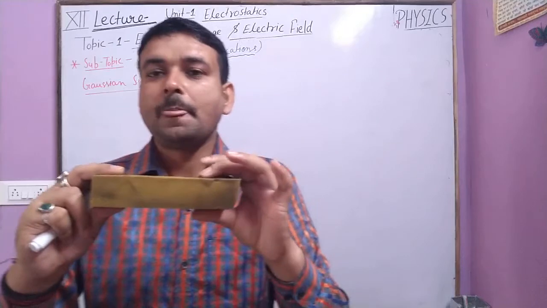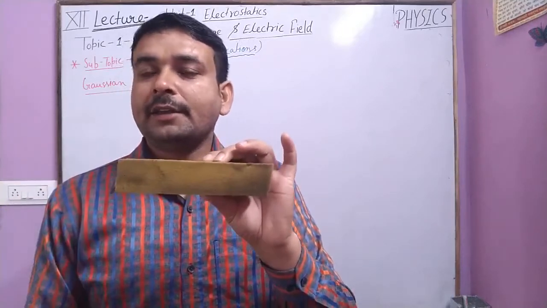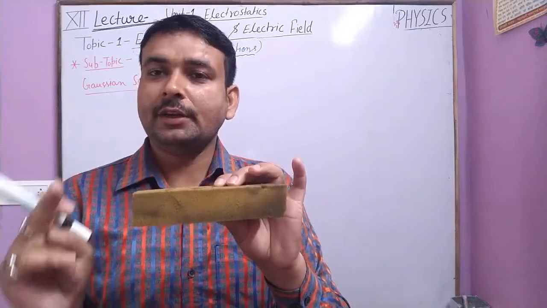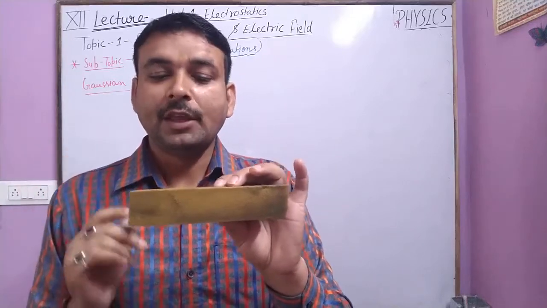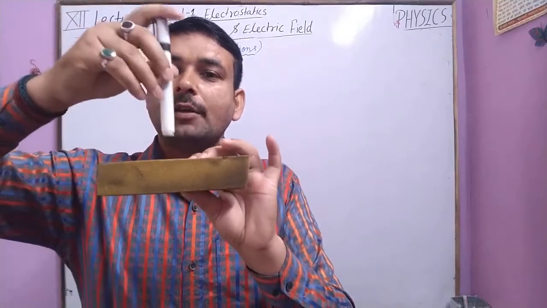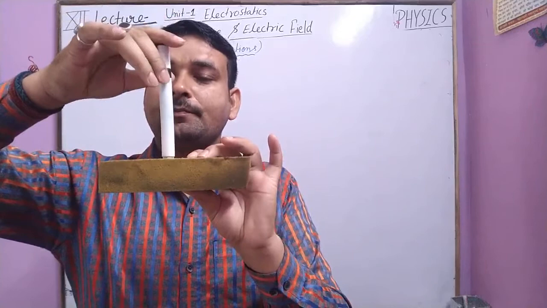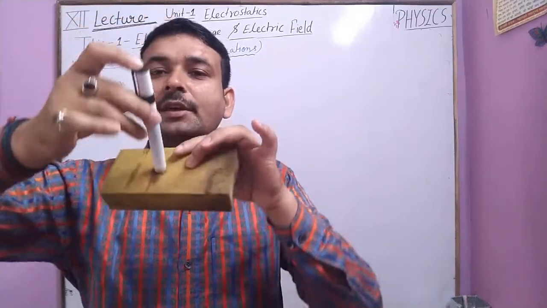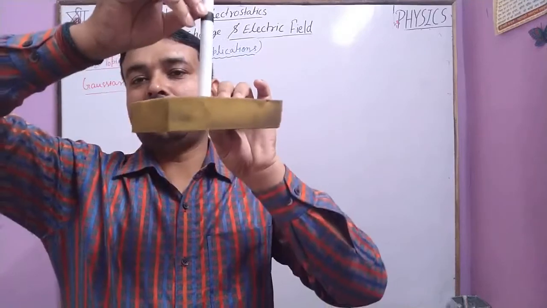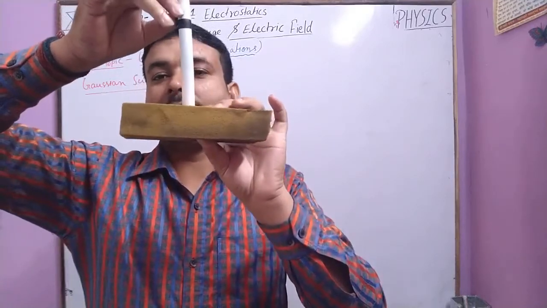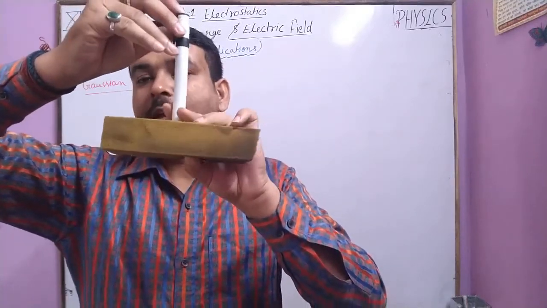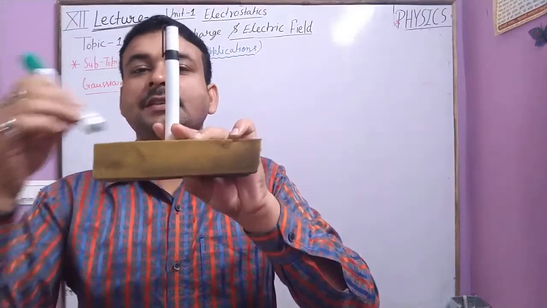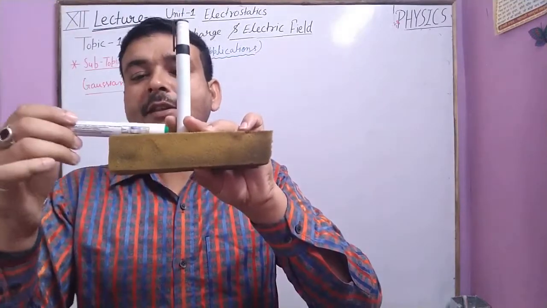Okay, so the area vector, as you learn in the area vector concept, is always perpendicular to the surface, which means normal to the surface.